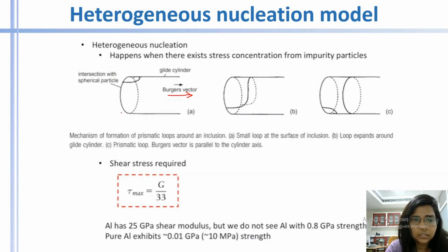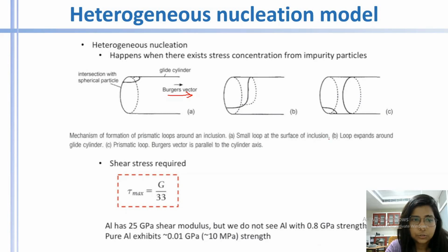This is the intersection with the spherical impurity particle, and we have the small loop at the surface of the inclusion.